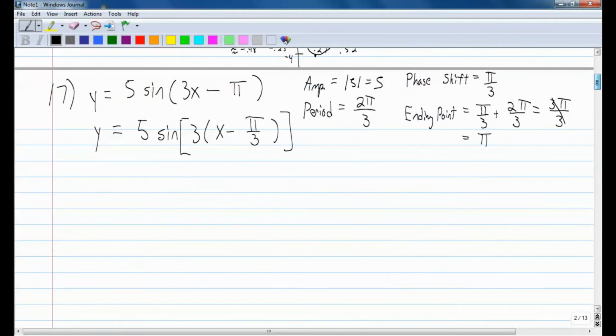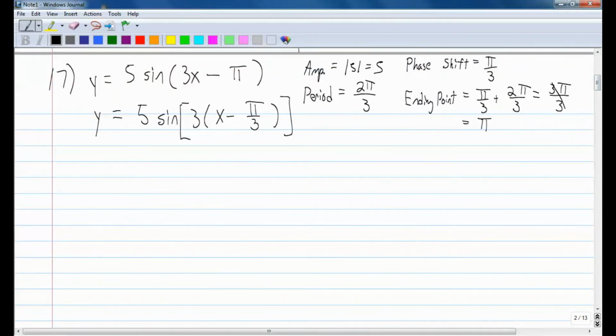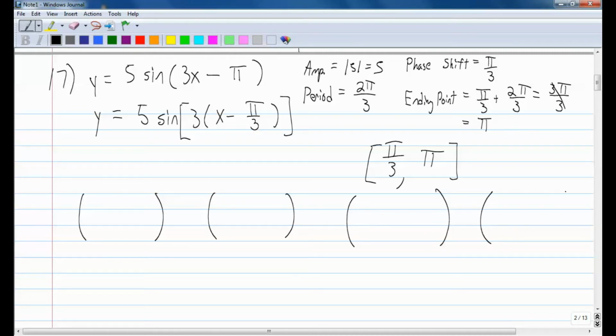So I know that one complete period can be drawn between pi over 3 and pi. Alright, now you want to come up with these, or formulate the subintervals. 4 subintervals for the graphs of sine, cosine, secant, and cosecant.